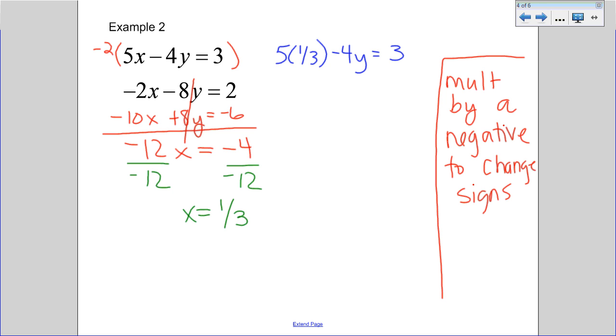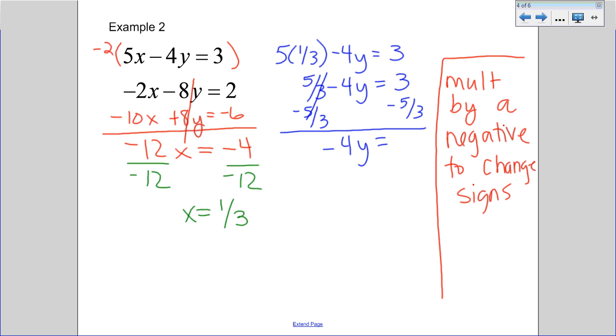Use your calculator. If you didn't use your calculator enough first semester, Mr. Clem and I can help you with that. This is 5/3. I have to subtract 5/3 from each side. All right, so this is 4/3.